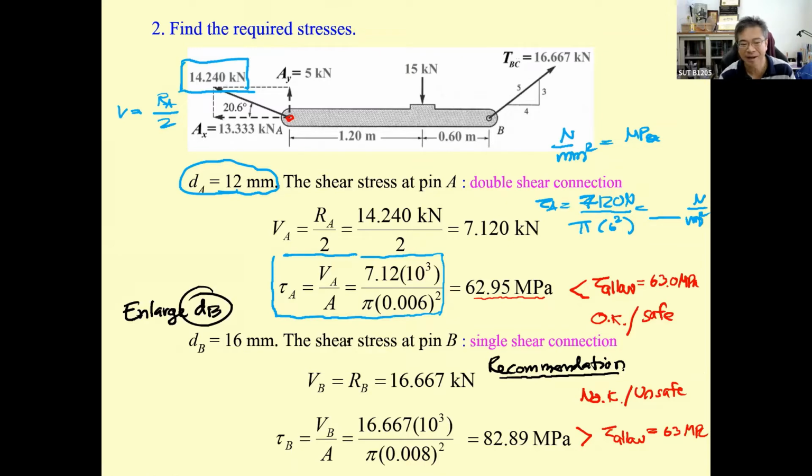You're going to redesign it. The A required is going to be the V sub B divided by the sigma allowable, or tau allowable.